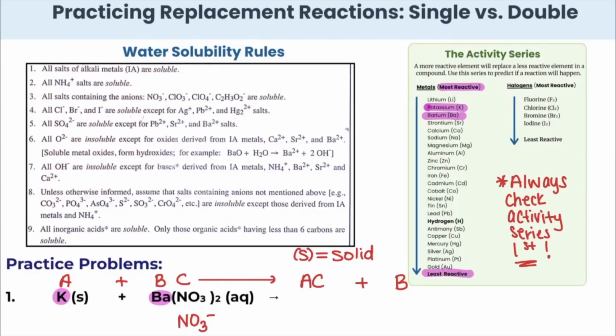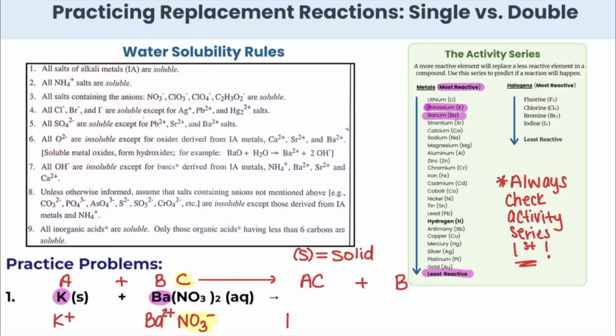But anyways, let's go ahead and identify our ions. Potassium is in group 1, so it forms a +1 charge. Barium is in group 2, so it forms a +2 charge. And nitrate is an oxyanion, which has the formula NO3 with a -1 charge, as we said earlier. And now that we have all our ions written out, we can go ahead and start pairing up.